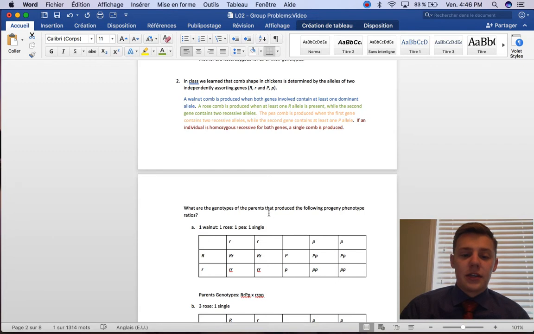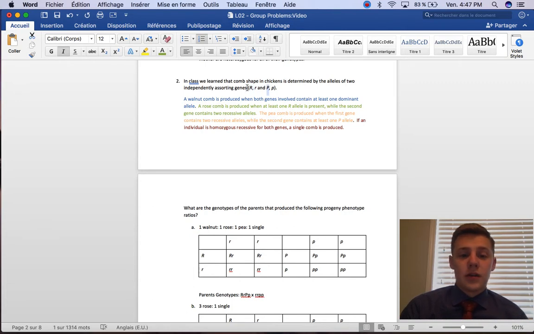these progeny phenotype ratios. And so what we do is this paragraph right here that is all colorful gives us a lot of detail. For example, a walnut comb, type of like the comb shape on the chickens, is if both alleles, so if we have a dominant right there and a dominant right here, we would get a walnut comb.